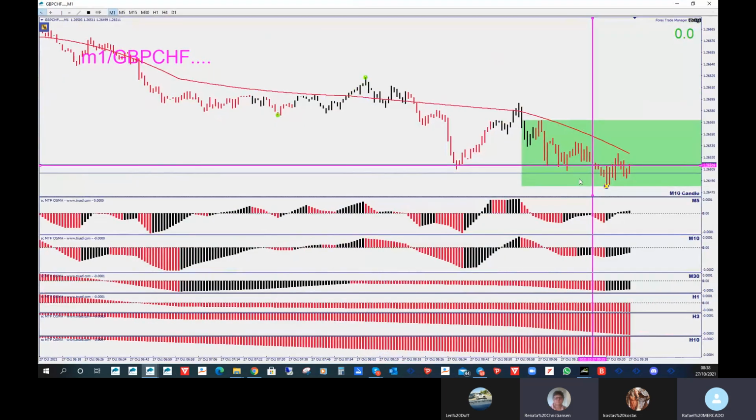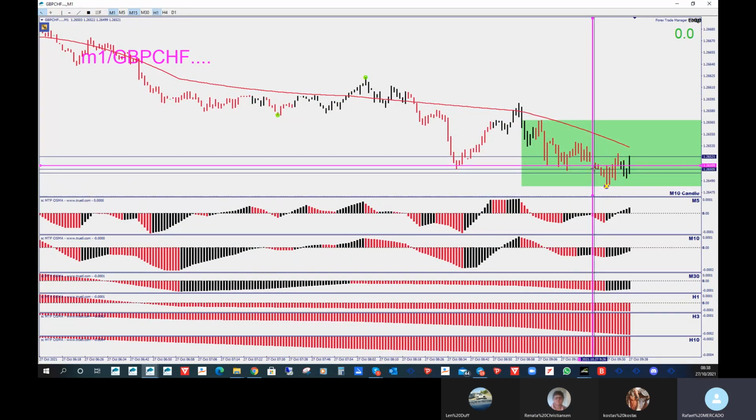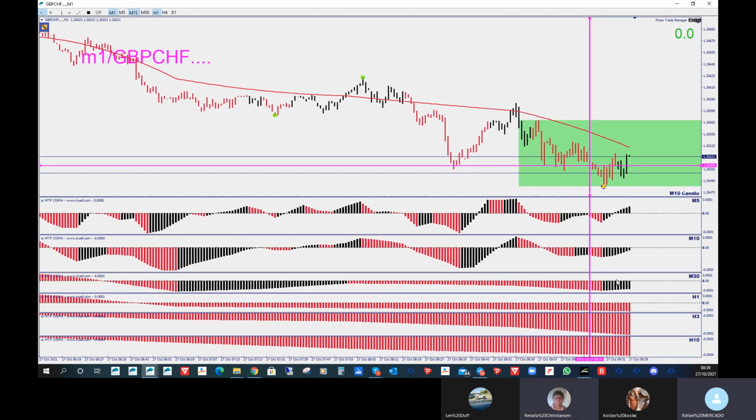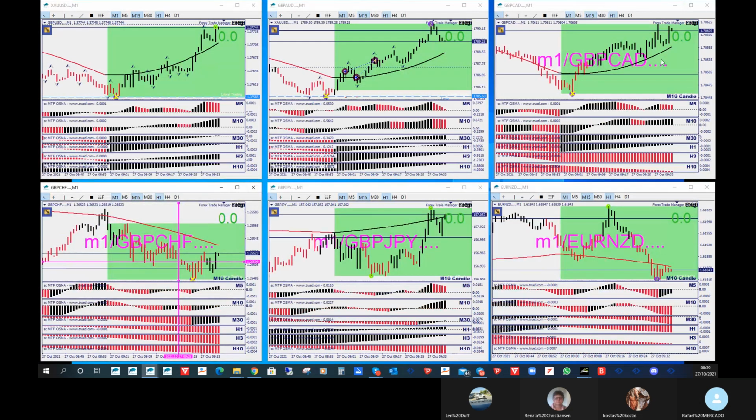And this was the entry that I set in pounds, so it goes for maybe 2 pips, and now it's changing direction. Okay, pound dollar.